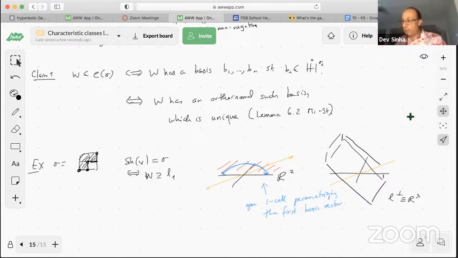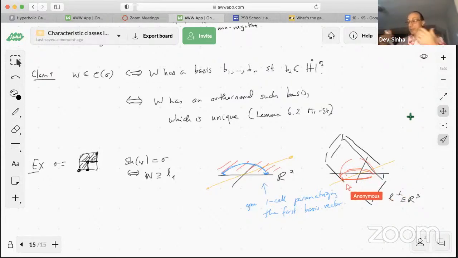And so within that L perp, I can first of all think of the unit sphere, and that's an S2. But then once I take the positive things, and I'll sort of draw it like this, that means that I'm only looking at half of that S2.